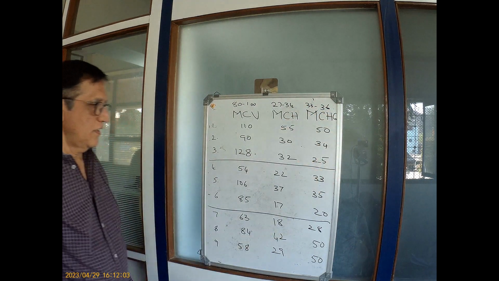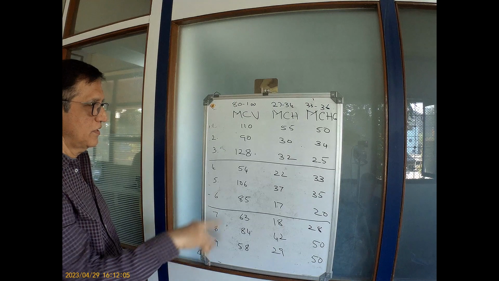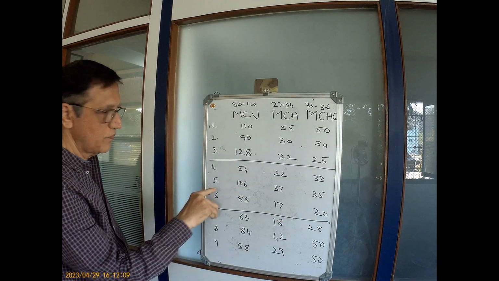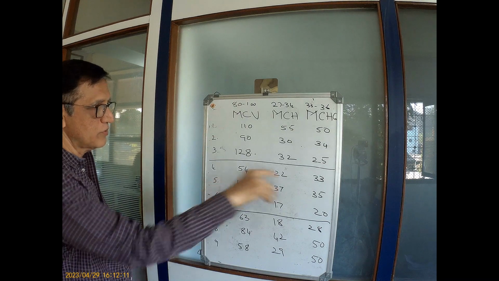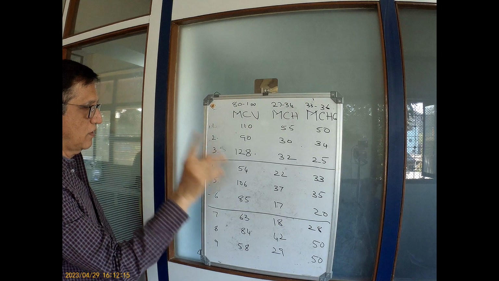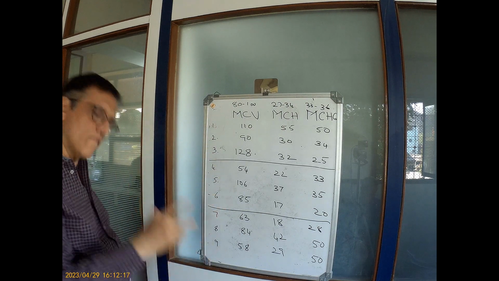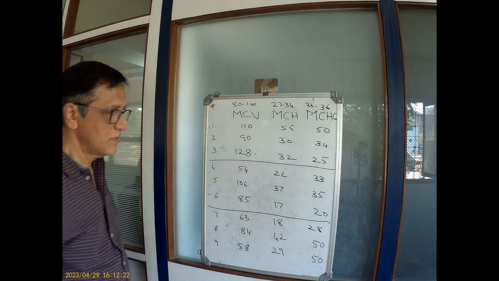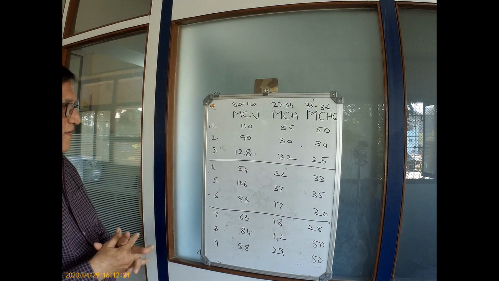Now fourth, microcytic, normochromic. Fine. Fifth is macrocytic, normochromic. Yes, that's fine. Sixth, normocytic, hypochromic.